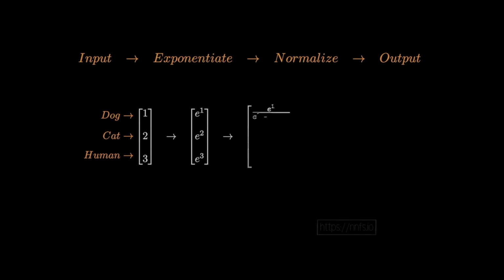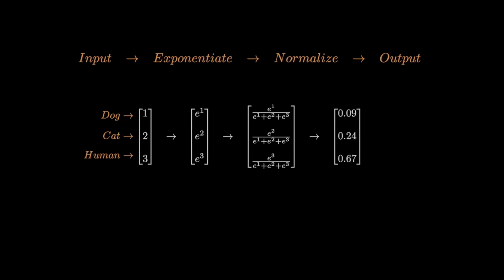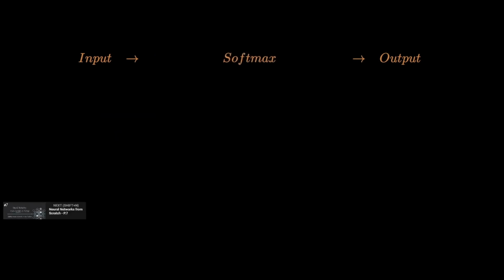And then we're going to normalization again, and we're getting these positive values as outputs. And you can see here that these numbers actually do add up to a value of 1.0. And so this is our softmax.